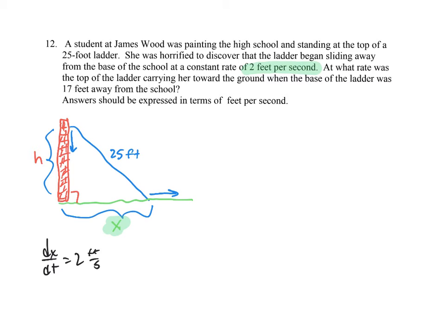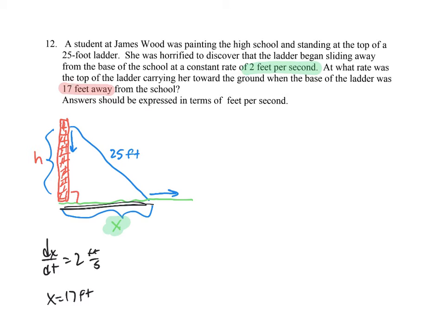I know it's positive because it's getting bigger, right? This distance here is getting further away from the wall. It's getting bigger. And we also know that the ladder is 17 feet away from the school at the period of time that we're asking about. So that means x equals 17 at that point. So I'm going to write that down.